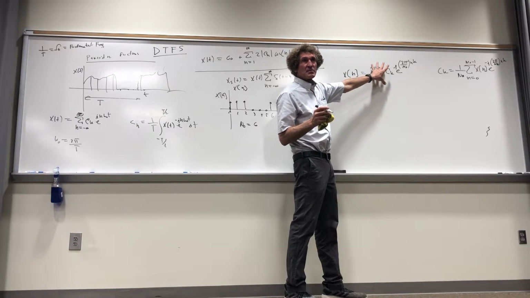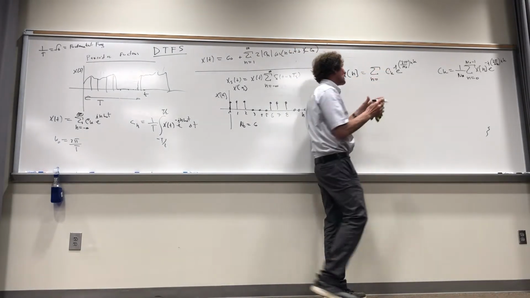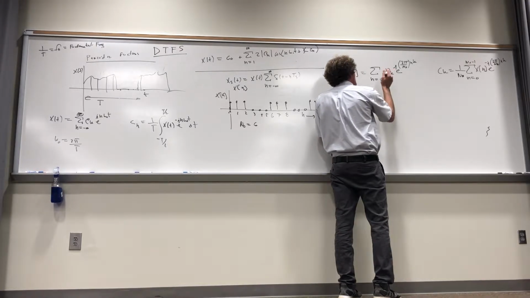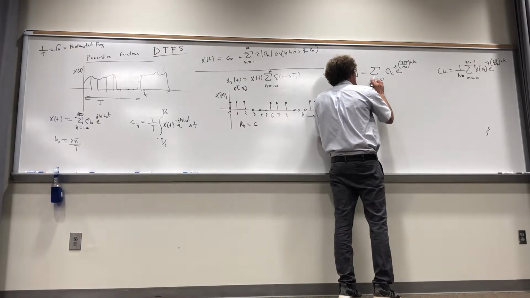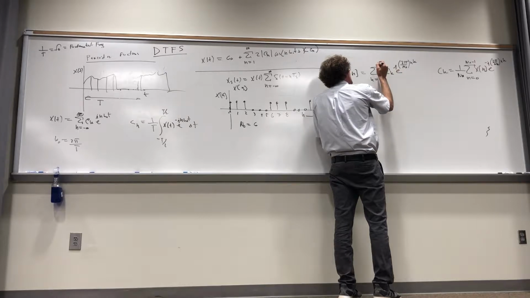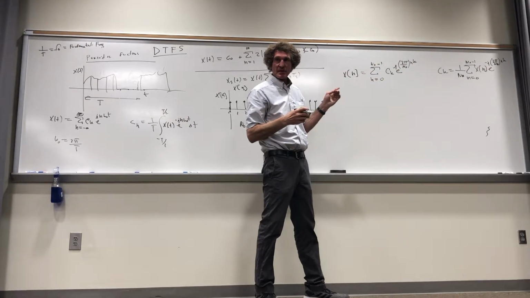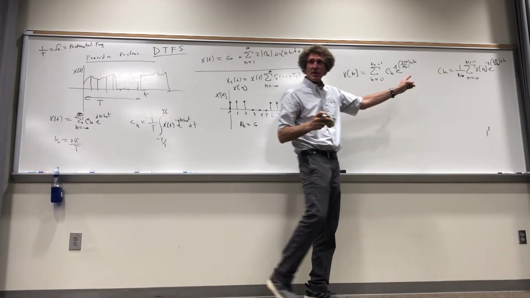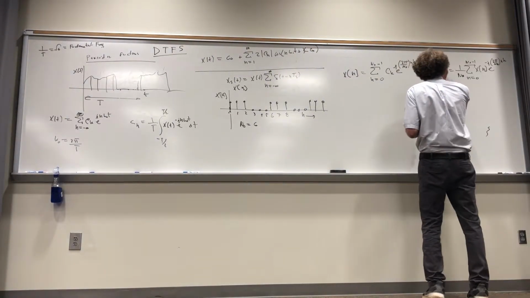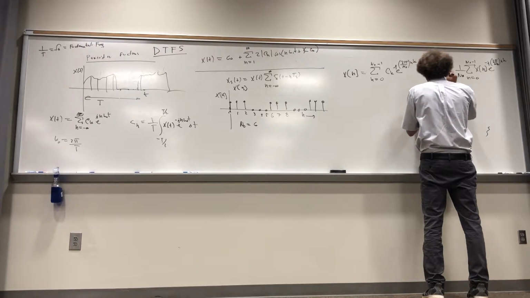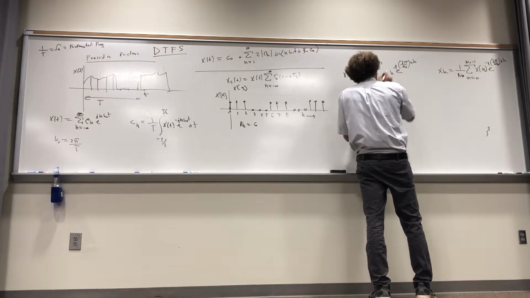But because it's periodic in 2 pi over n naught, he's going to have it from k equals 0 to n naught minus 1. That should be what he has, basically. Now, he calls it x of k, though. Is that right? Mm-hmm. All right, my bad. X of k right here, and this would be x of k.